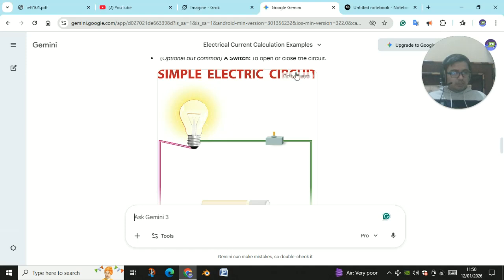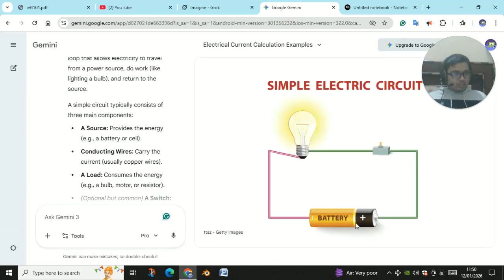This is a simple circuit: this is a battery, this is copper wire, a switch to close and open the circuit, and this is the electricity consumption source, a light bulb.